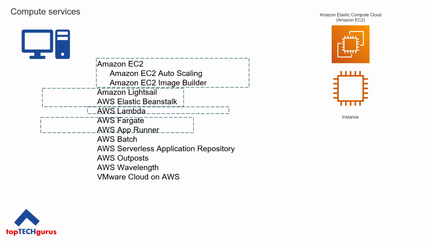Fargate and App Runner are both Docker-based services. When you want to set up Docker, you can set up EC2 instances and then set up Docker on top of that, and within your Dockerized images, you can set up multiple applications.